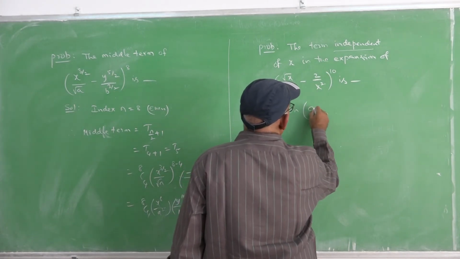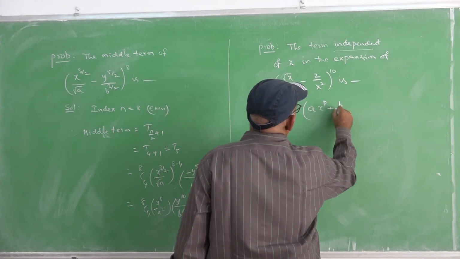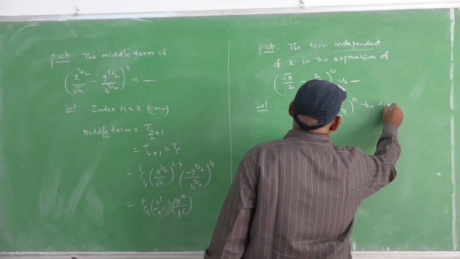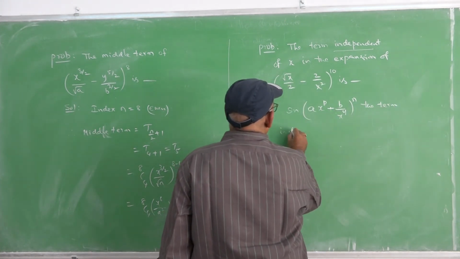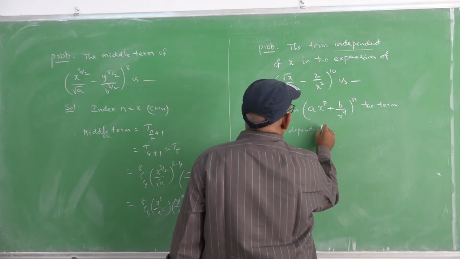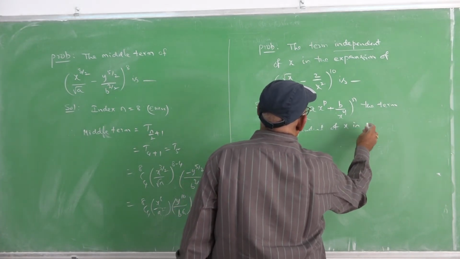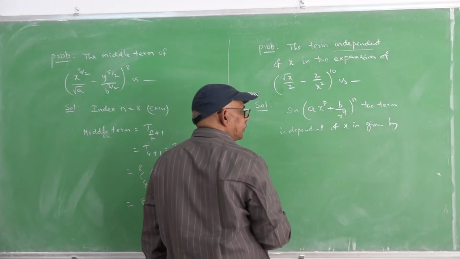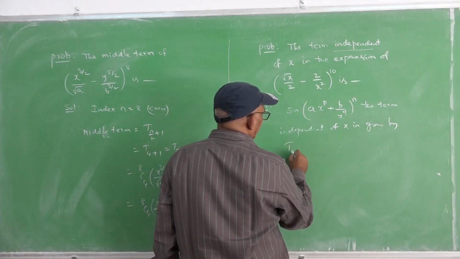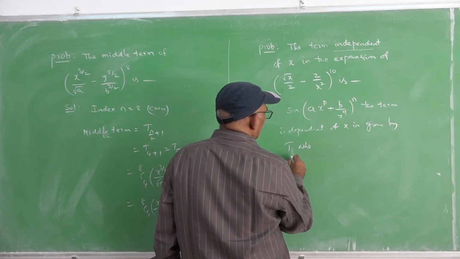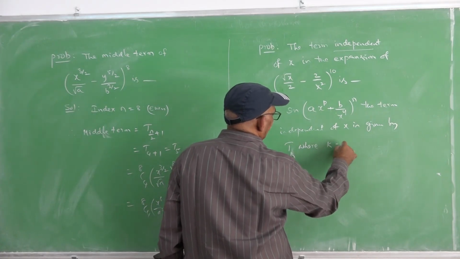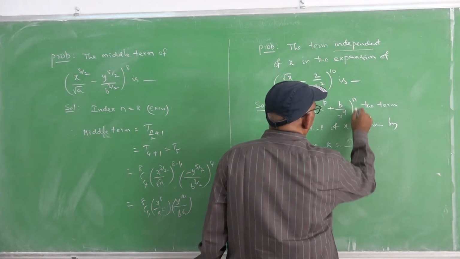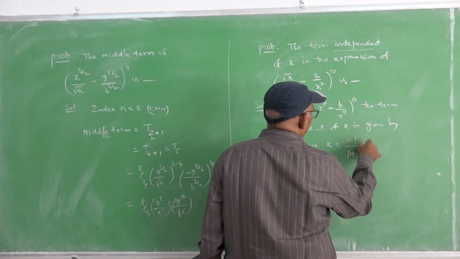in the expansion (ax^p + b/x^q)^n, the term independent of x is given by Tk, where k equals n times p by p plus q.